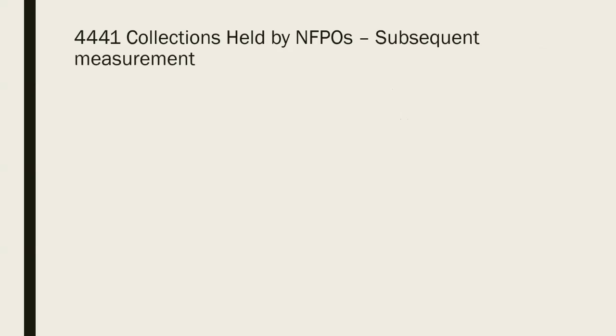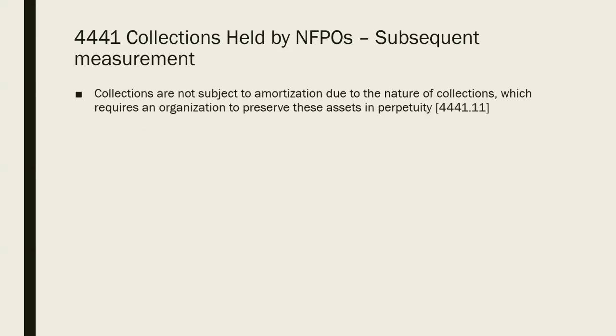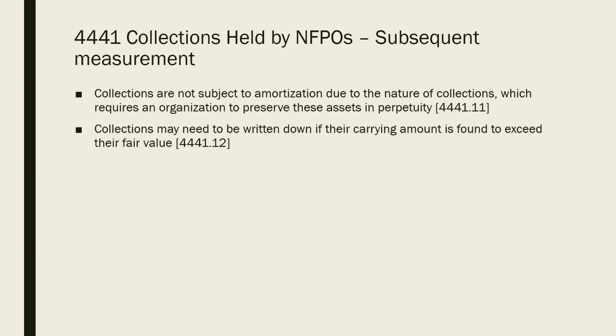Subsequent measurements for collections. Collections are not subject to amortization due to the nature of the collection, because the organization must preserve these assets in perpetuity. Now, it may be possible that collections need to be written down if their carrying amount is found to exceed fair value.